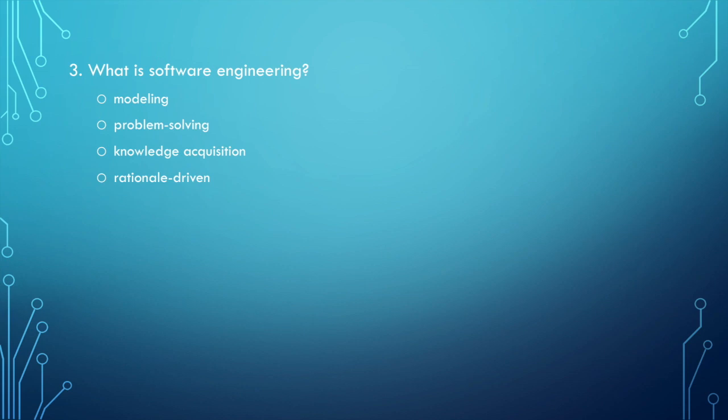Okay. Our book defines what software engineering is, and it defines it with four different terms. The author says it's a modeling tool, and it is.